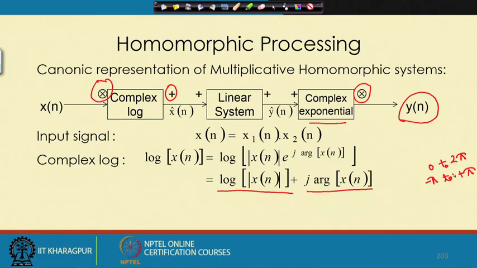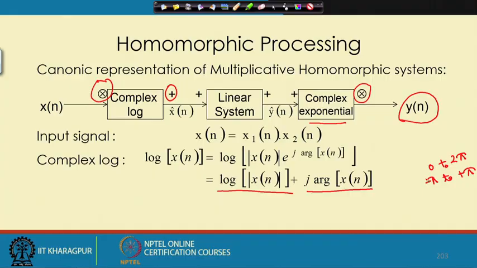Okay. They have some initial phase, and usually the phases are found to change continuously, and because of that there is no guarantee that it would be contained within minus pi to pi or 0 to 2 pi, whatever range you may take. Okay. So, there would be a continuous change in that, and it can go beyond that.